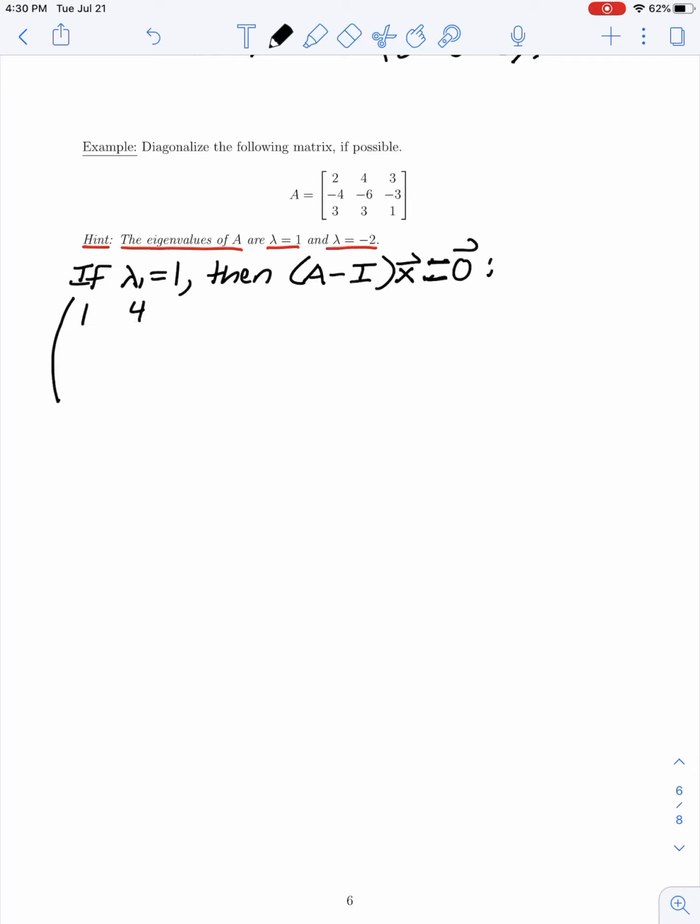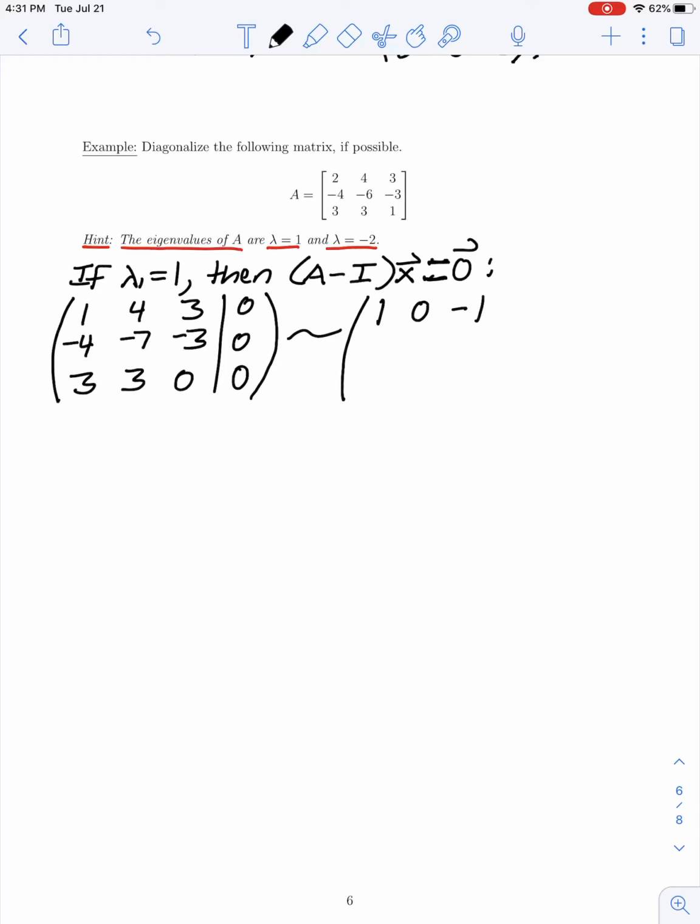We have 1, 4, 3, -4, -7, -3, and 3, 3, 0. And we're augmenting that with the 0 vector. So again, for simplicity, we won't show all of the details of the row reduction, but this matrix is row equivalent to the matrix 1, 0, -1, 0, 1, 1, 0, 0, 0, augmented with the 0 vector.